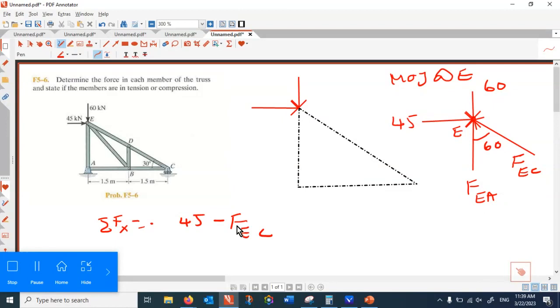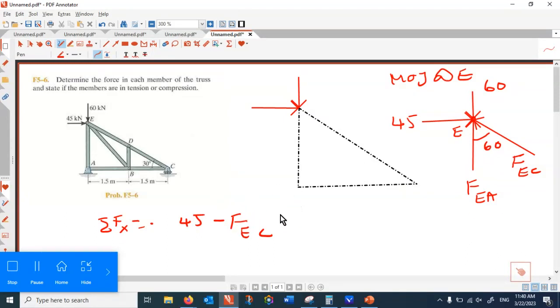You just assume. If you take it in the opposite direction, eventually you get a negative and you correct it. This is just by rule of thumb. I feel that if you push this down, this is going to be under compression. But if you can't visualize it, absolutely okay. Just assume everything is under tension. After finishing the solution, if you find it wrong, you have to change the direction.